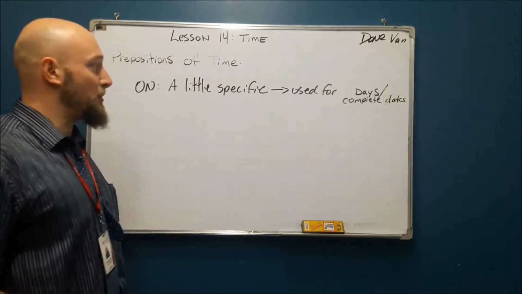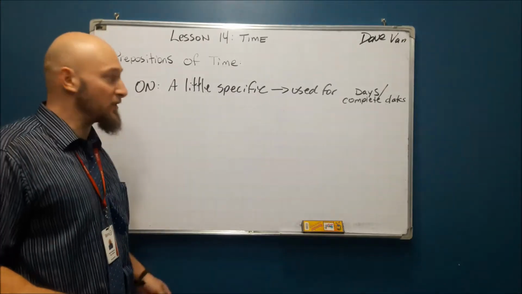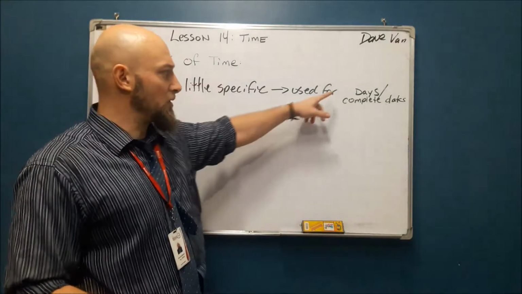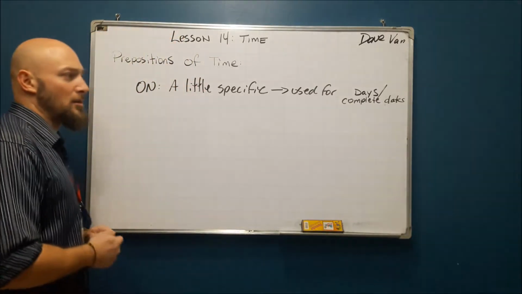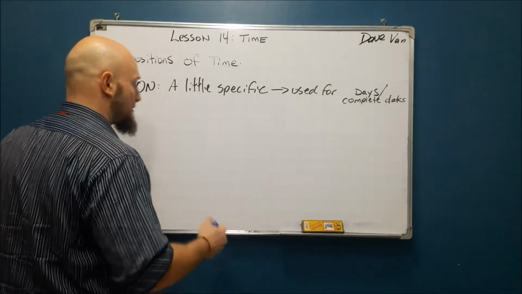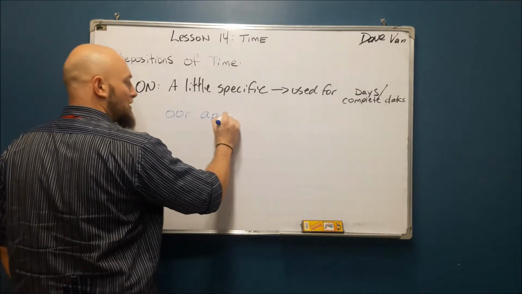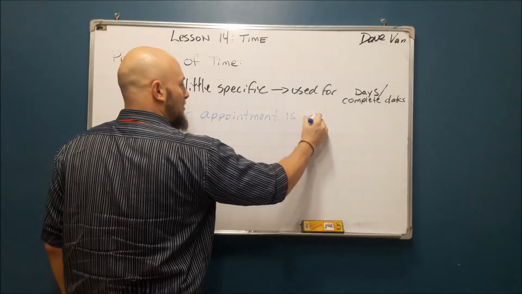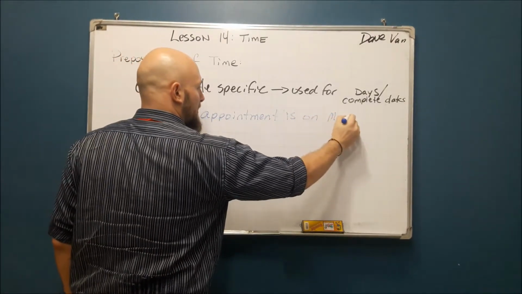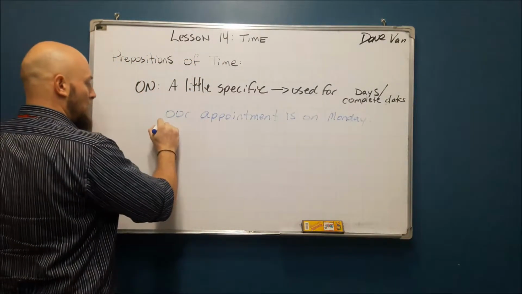Continuing with prepositions of time and "on." On is a little specific. We use on for days and complete dates. Okay? Here are some examples for days. Our appointment is on Monday.